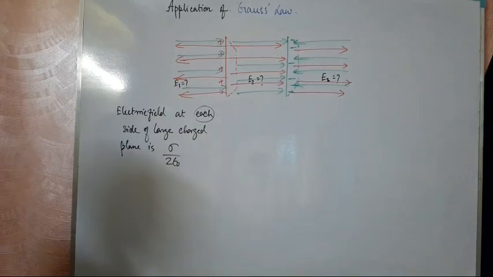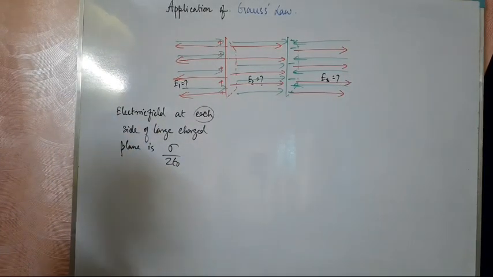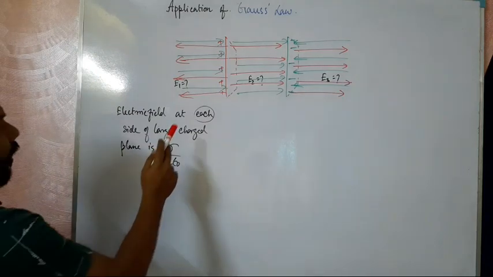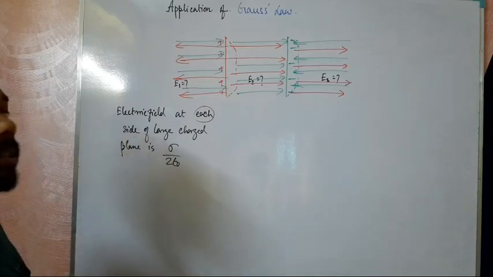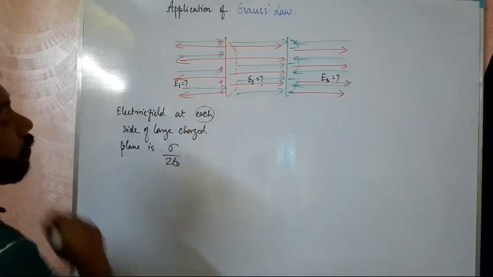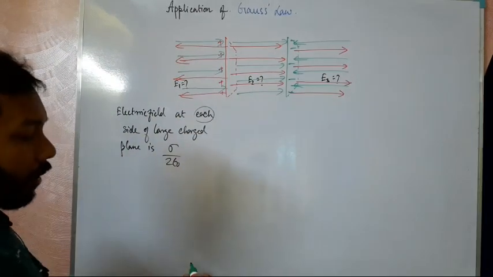Now since the electric field does not depend on the distance from the plane sheet, the value of electric field for the negative and for the positive will be the same in all the zones.